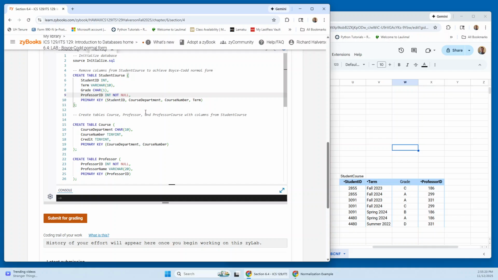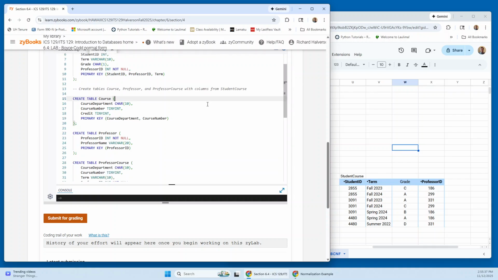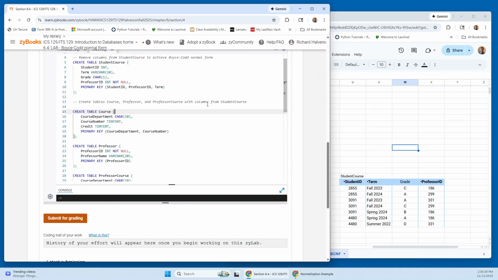And I think the primary key is student ID, term, and professor ID. Okay. All right.